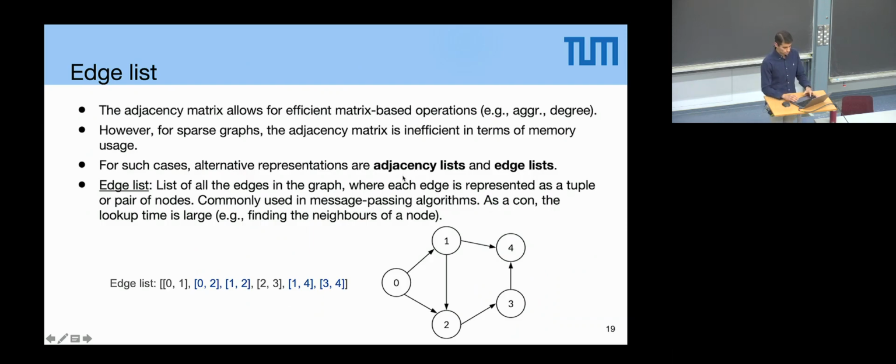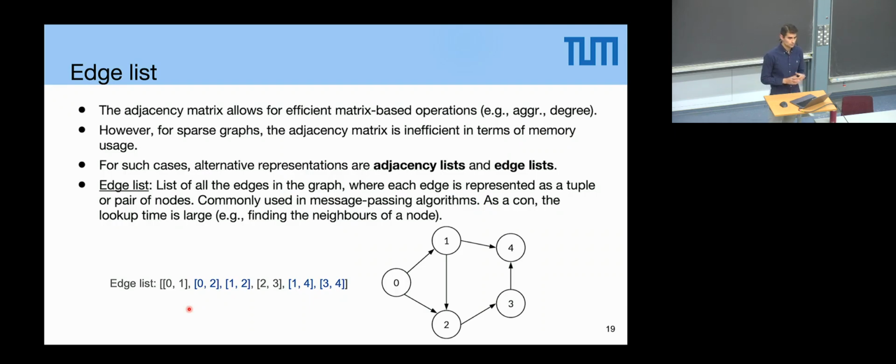That's why we go to other representations like the adjacency list and the edge list, which is what we will be using. So this list contains all the edges in the graph. As we can see, we have here edge 0 1, edge 0 2, and we are placing the edges as tuples, and then we just create a list with these tuples. This representation, however, is not that efficient.